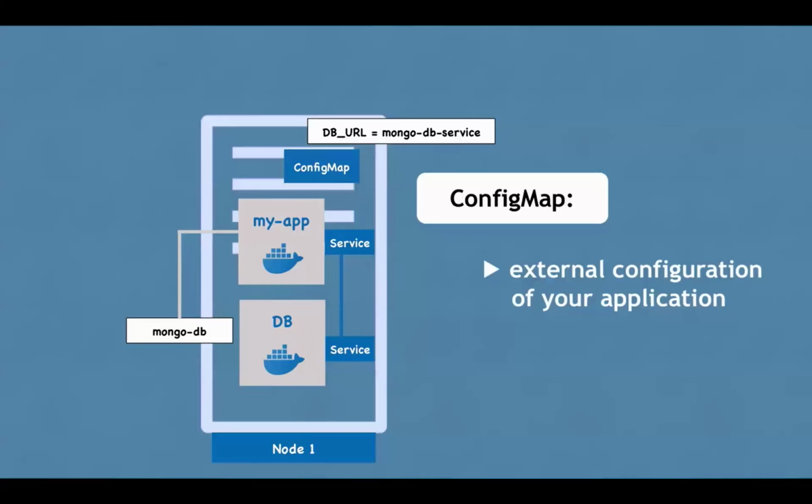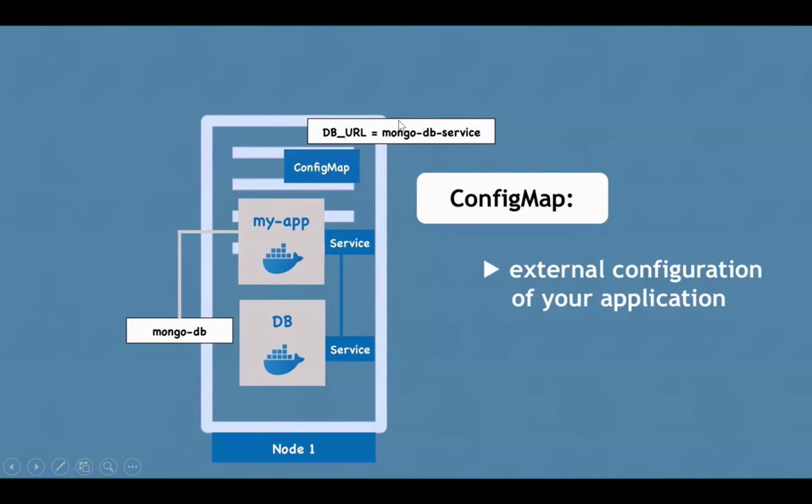And there comes your config map into the picture. That is the third component. So basically, what do we keep in a config map? All the configuration related to our app will be stored over here. So there is no need to change anything in the application or the database. You just do it over here and run it. It will reflect back to the pod. No need to push it or anything.